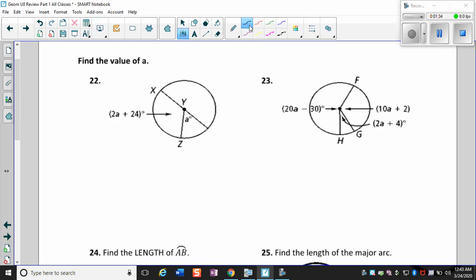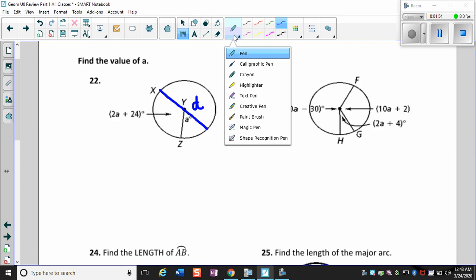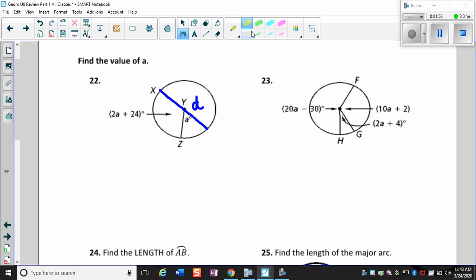If you look a little closer, beginning from this point X, going through the center Y, all the way to the other side of the circle, that should be the diameter of the circle. What happens whenever there's a diameter of a circle? You notice that we create semicircles.